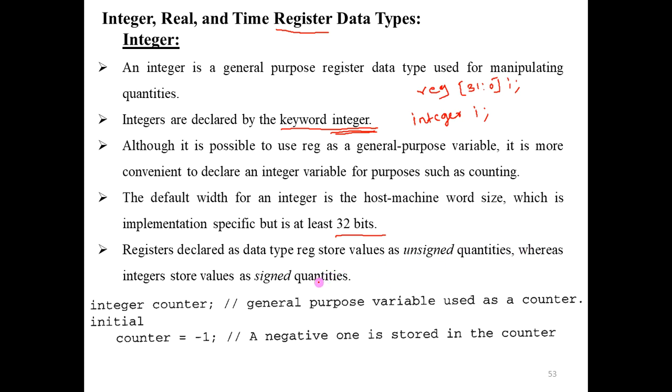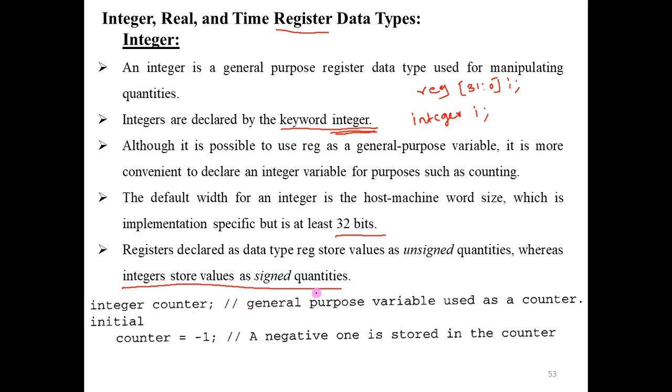Whereas integer stores values as signed quantities. That's the difference. Here, of course, it is the same, but integer has the capacity to store values in terms of signed quantity. So that's one advantage.